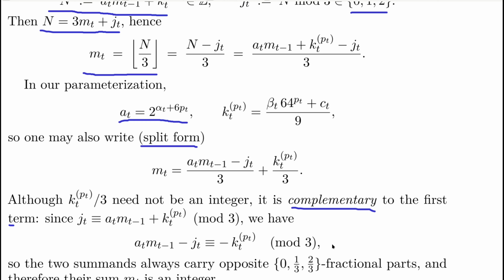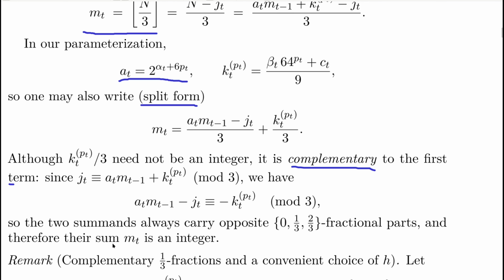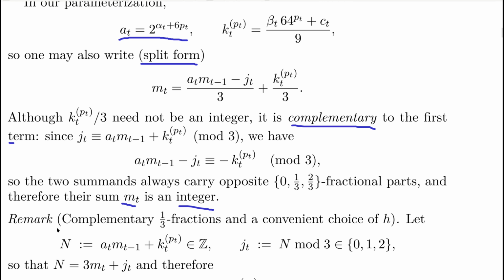So the two summands always carry opposite 0, 1/3 or 2/3 fractional parts, and therefore their sum mt is an integer. So, complementary 1/3 fractions and a convenient choice of h.